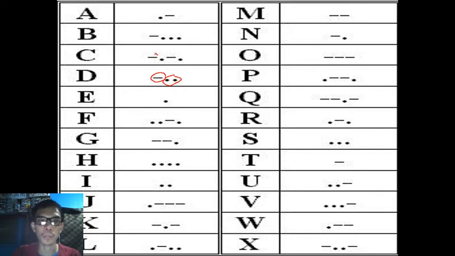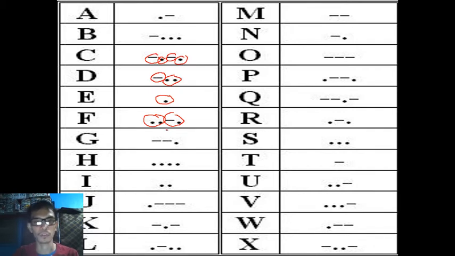A combination of dots and dashes creates certain letters, so you need an encoder, someone expert enough to read this code. This code has something to do with our topic today.